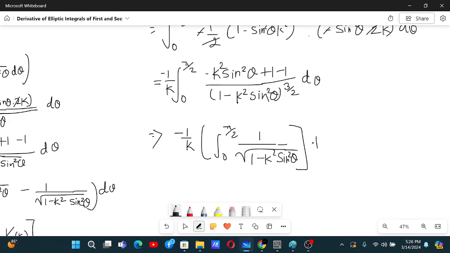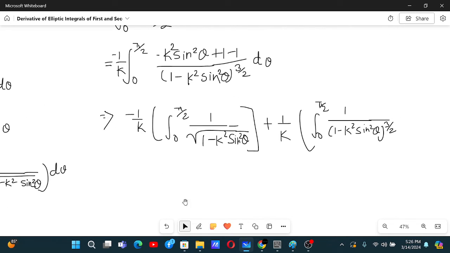Basically let me write it plus 1 by k, minus minus plus, the integral from 0 to pi by 2 of 1 by 1 minus k square sine square theta to the power 3 by 2, and then d theta.